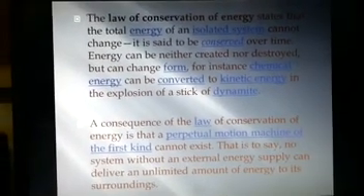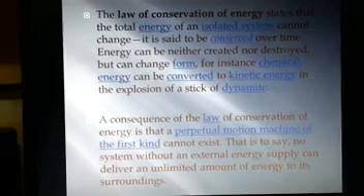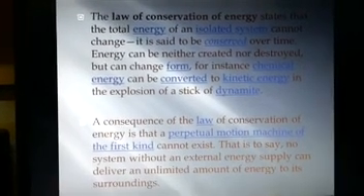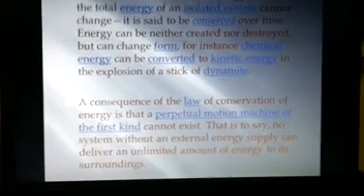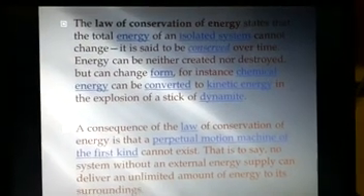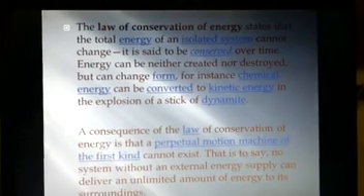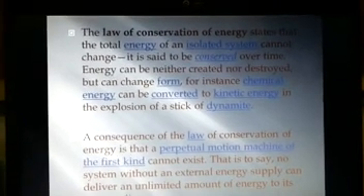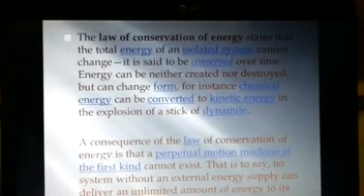A consequence of the law of conservation of energy is that a perpetual motion machine of the first kind cannot exist. That is to say, no system without an external energy supply can deliver an unlimited amount of energy to its surroundings.